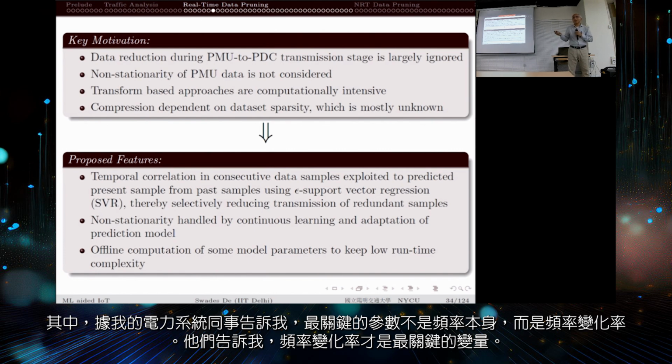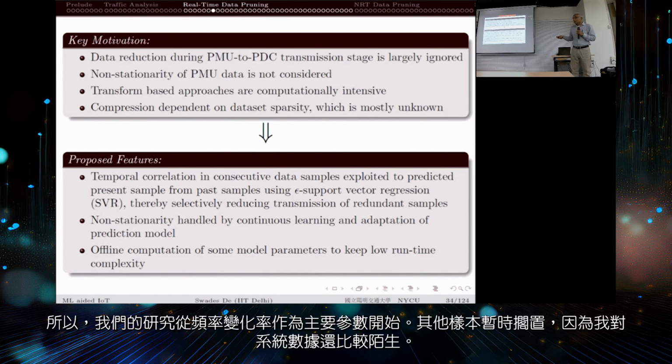My power systems colleague alerted me that it is not the frequency but the rate of change of frequency that is the most critical parameter. So to start our research, we took the rate of change of frequency as the primary parameter.